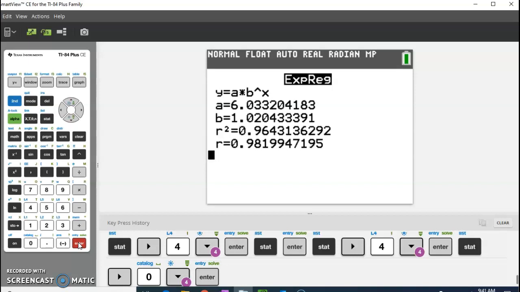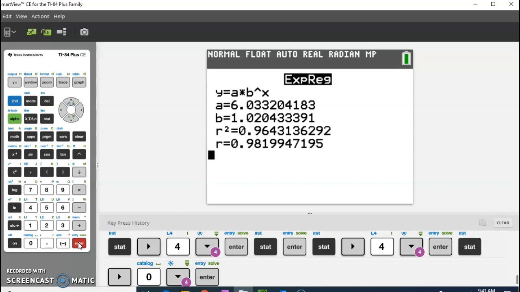So I'm going to get that y equals 6.033 times the b value, which is 1.020 to the x value. My R-squared value is 0.96, and my correlation coefficient, my R value, is 0.98.